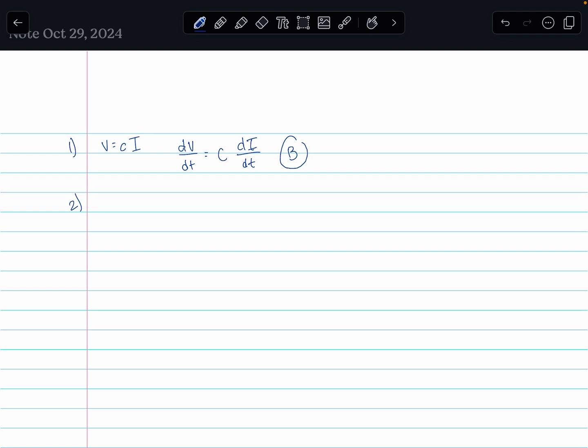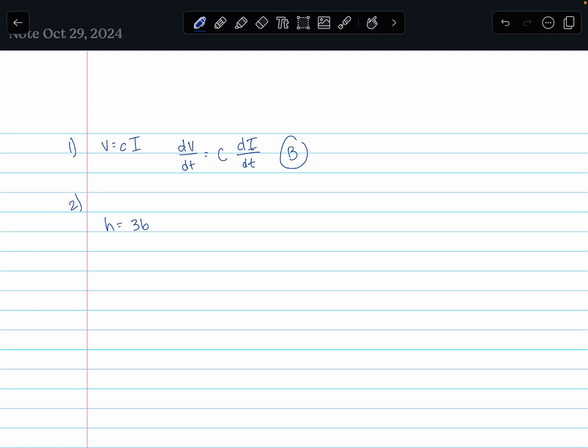Okay. A triangle has base b and a height of h, where the height is 3 times the base. Okay, so I'm going to write some of this down. So the height of this triangle is going to be equal to 3 times the base. Both the base and h are functions of time.